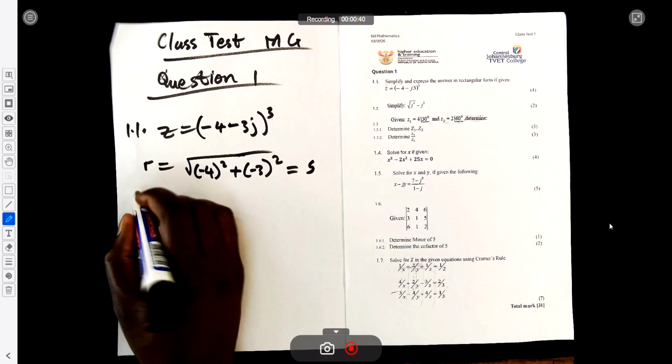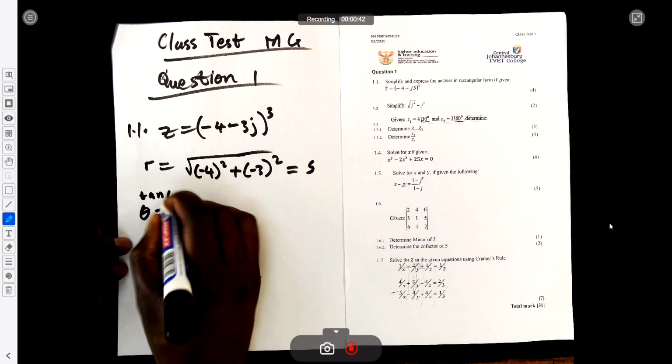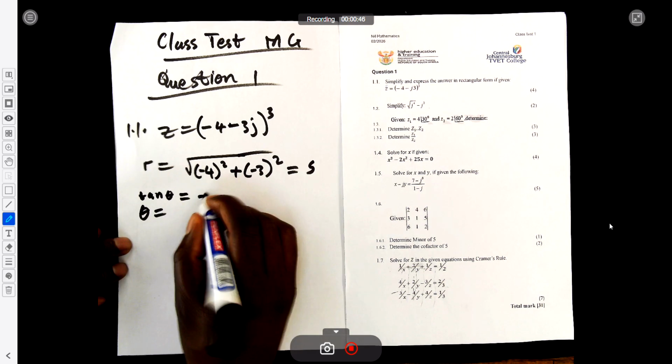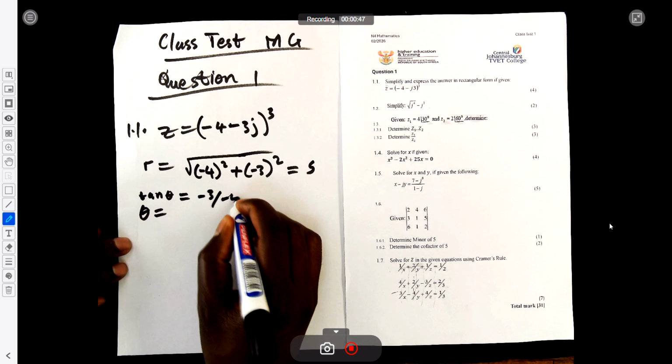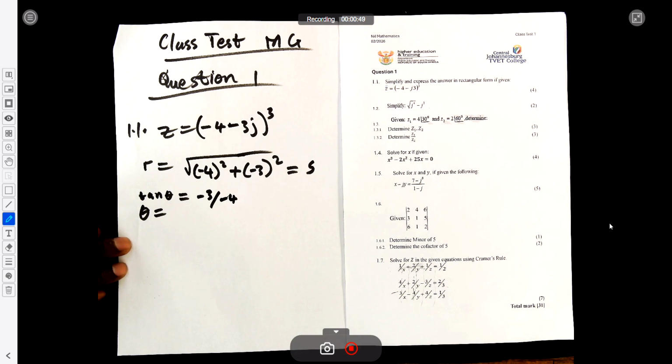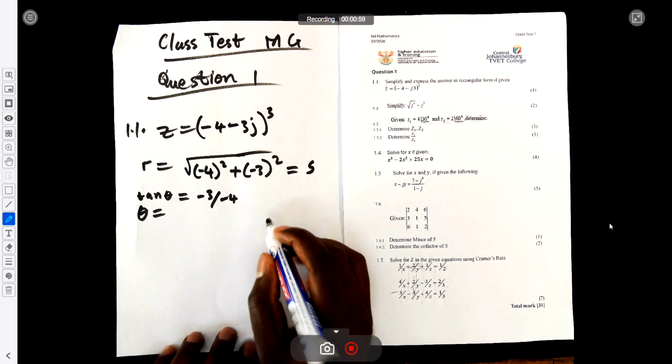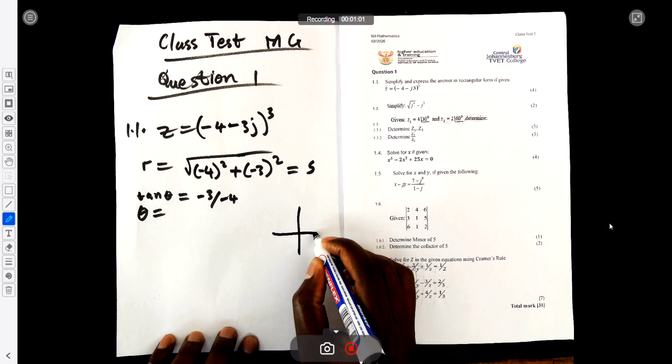As I stated before, when you say tan theta, it equals negative b over negative a, or negative 3 over negative 4. I hope you see the ratio will be positive when you divide the negatives, but when you project on an Argand diagram, what is going to happen?